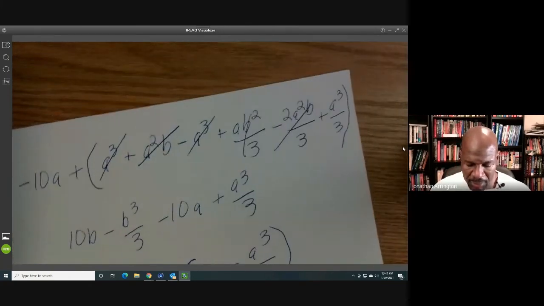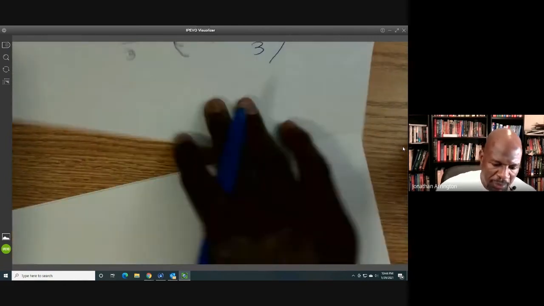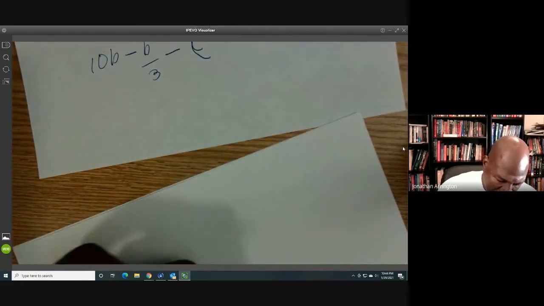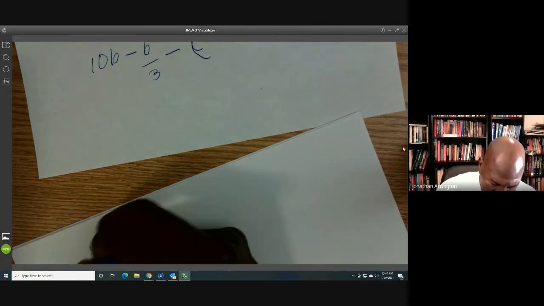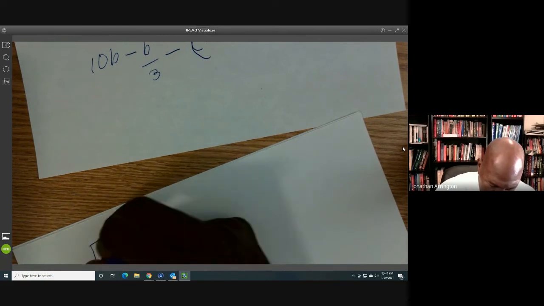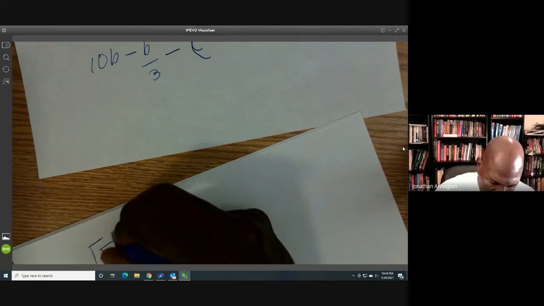So let me say what this was equal to. When we found this value, we were finding the limit as n went to infinity of the summation. Well, my sigmas are terrible.